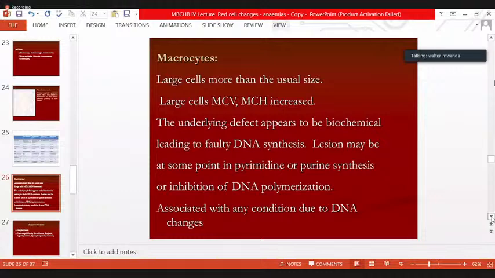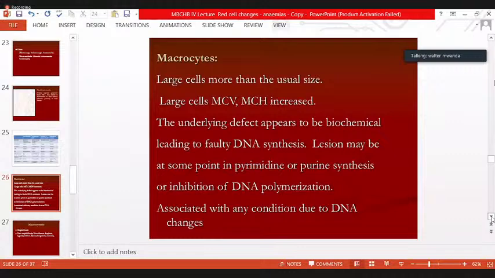The underlying defect appears generally to be biochemical. In other words, the primary abnormality of macrocyte is a fault in the DNA synthesis.